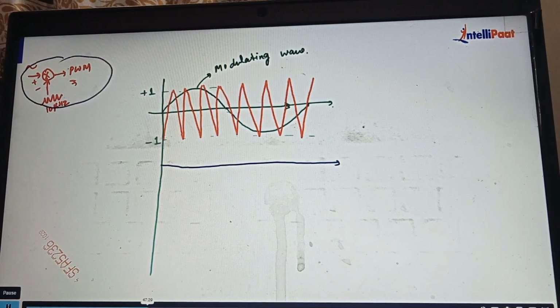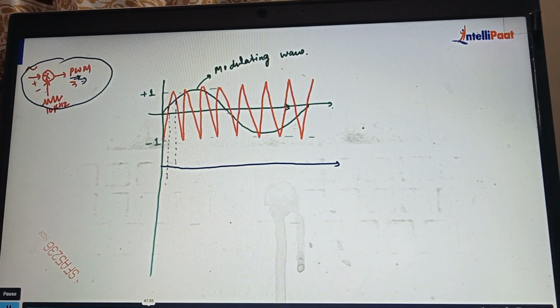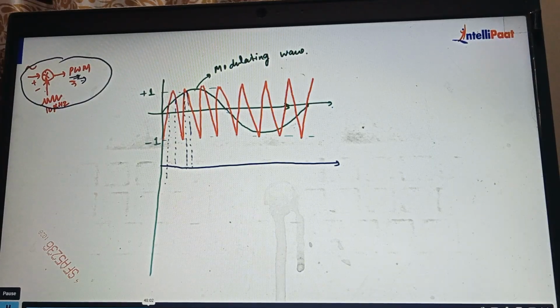So I hope you understood the concept here. PWM A means whenever the modulating signal is higher than the triangular wave, then only the waveform will be generated, or the switch will be on. So we have to see, in this common point, what are the intersecting points that we can draw here. So these are the intersection points, where the modulating wave and this waveform are intersecting.